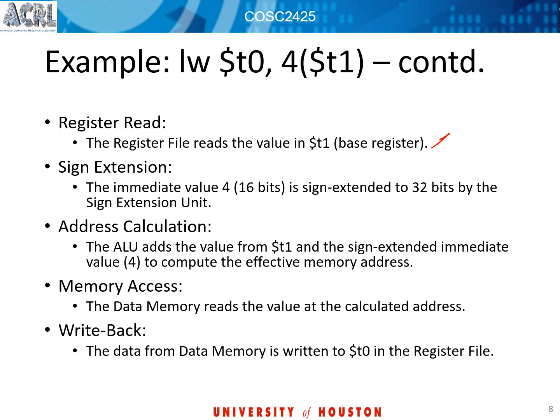We read the registers, we read the value of the address that is in the base register T1. For the sign extension, the immediate value 4, which is the offset, is encoded on 6 bits, and it is extended to 32 using the sign extension unit.